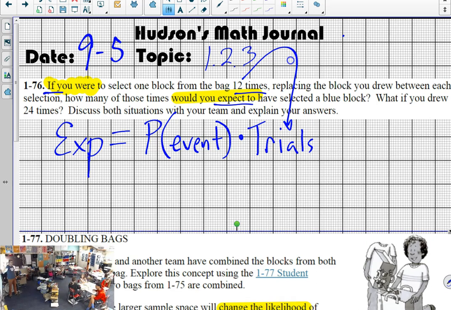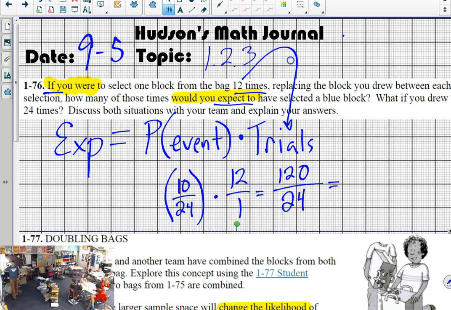What's the probability of blue? 10 24ths. So that probability is 10 24ths times 12. Now, if I set up 12 like a fraction, this makes my life real easy, because I get 120 divided by 24. Any common factors I could divide them both by?